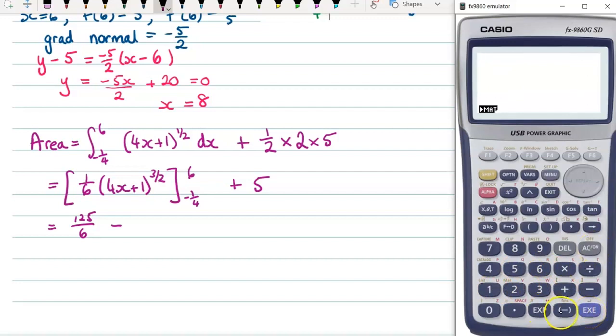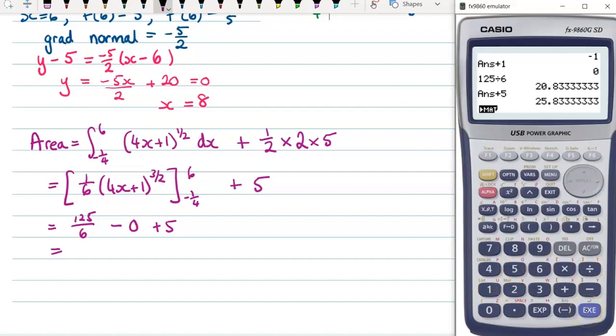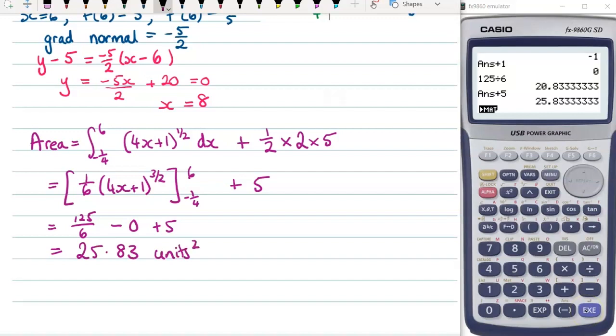I've made a mistake. Minus 0.25 times by 4, plus 1 gives us a 0. And then add on the 5. So in total, we've got 125 divided by 6 plus 5. Our area is 25.83 units squared.